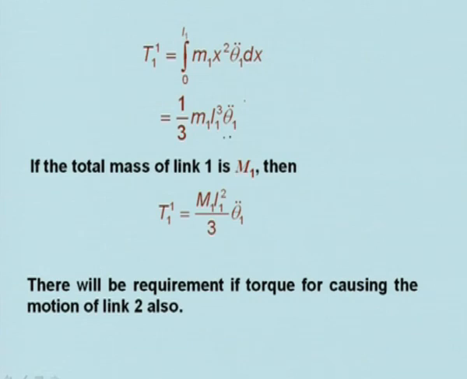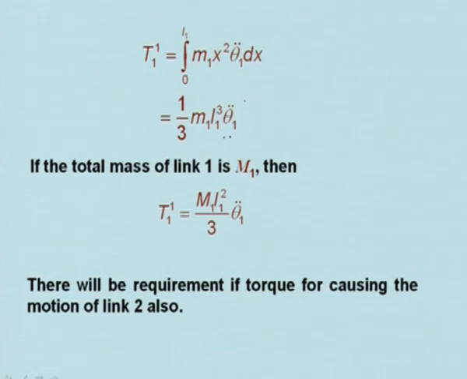If the total mass of link 1 is m1, then T11 is equal to m1 L1 square by 3, times theta 1 double dot.